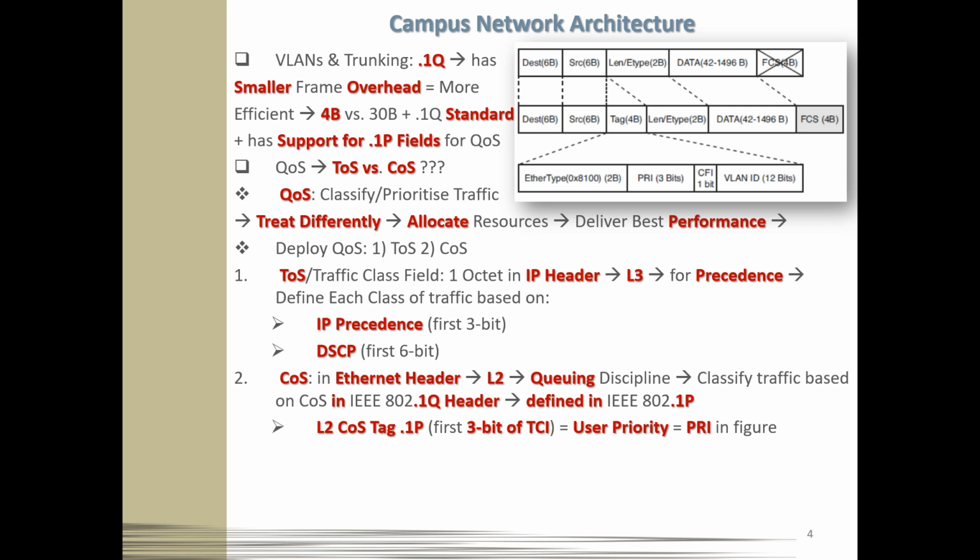So in a nutshell, that was TOS versus COS, type of service versus class of service, one in layer 3, another in layer 2.